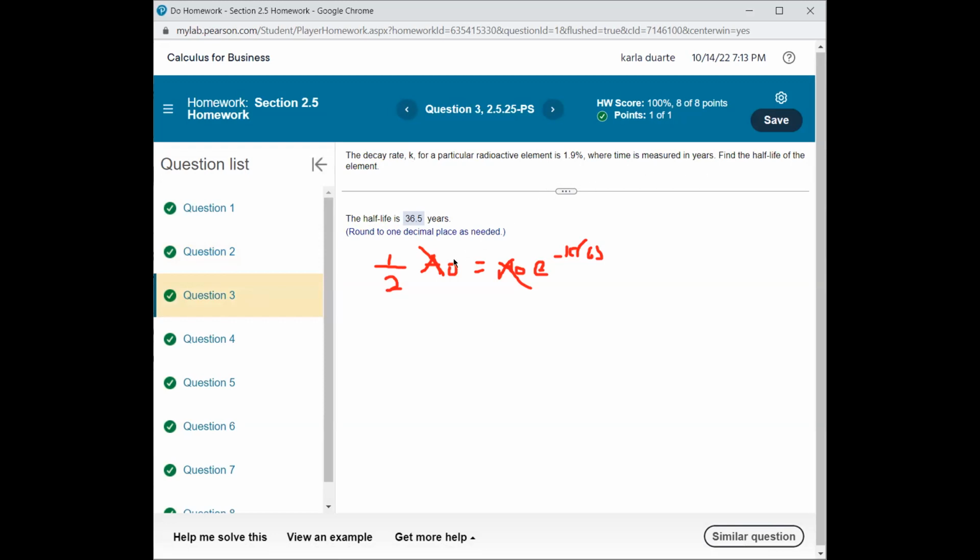So here you have the same thing, but this percentage, now remember, you have to divide 1.9 by 100. So you're going to end up with, and remember, it's going to be negative 0.019 T.